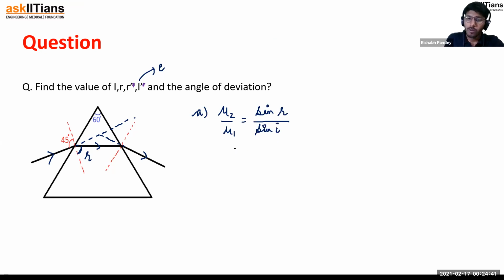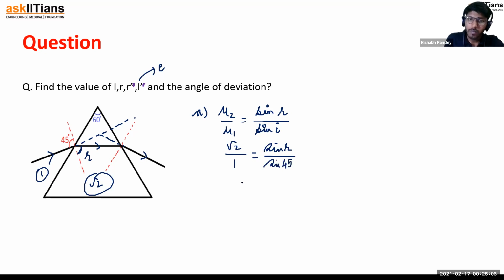Mu2 in this case is mu2 for glass. You should have this in mind: for glass, the refractive index is always root 2. So it's root 2 over 1, because it's air. Sine r I need to find, and sine i is sine 45.